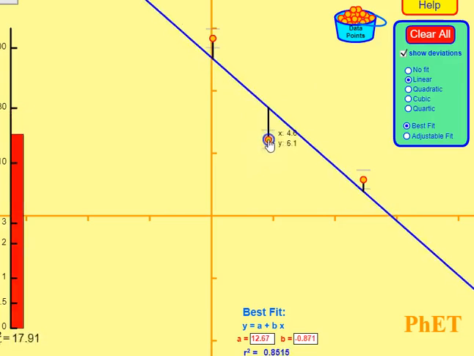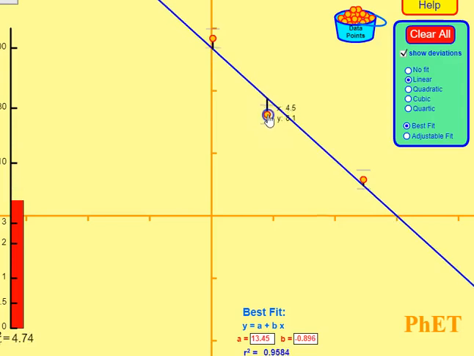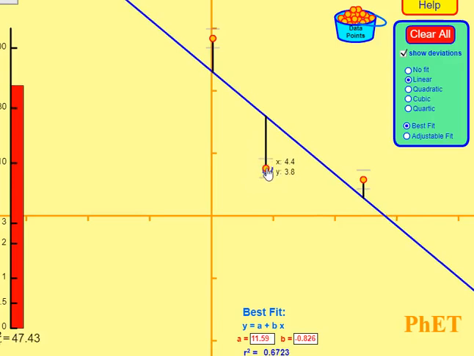The r square value, in fact, decreases. The r square denotes the strength of the correlation that you chose, right?